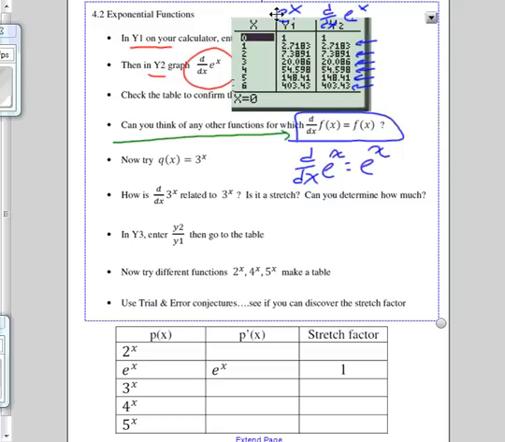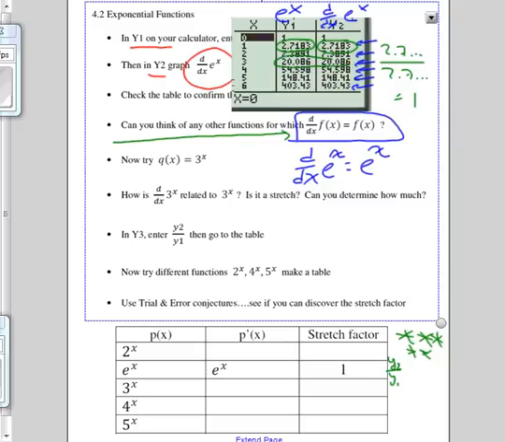That's cool. So just to start thinking about this table that I'm going to be filling in, talking about the stretch factor, what I'm looking at are the y2 over y1 values. In every case, if I took y2 and divided it by y1, 2.7 divided by 2.7, I'm going to get 1.